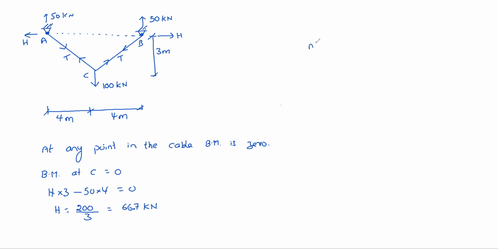Suppose at joint B, sigma V equal to 0. If you apply that, the sum of the vertical forces is 0. Let us assume here it is theta. Okay. So T sin theta is the vertical component, right? T sin theta will be downward, which is balanced by 50 kilonewtons. So T equal to 50 by sin theta.